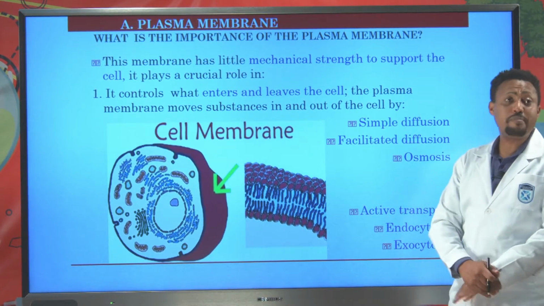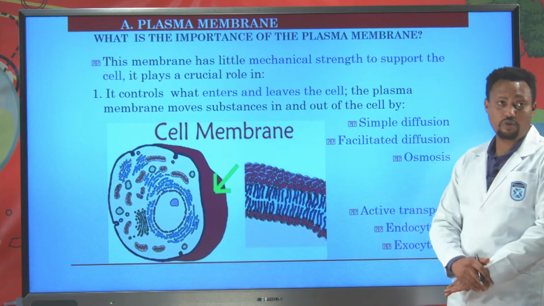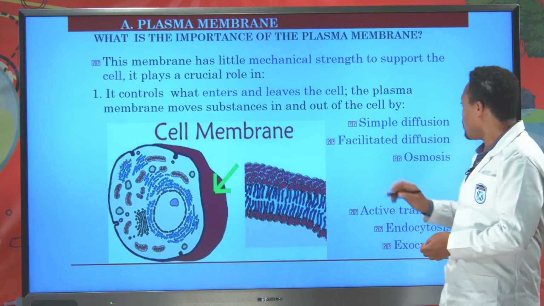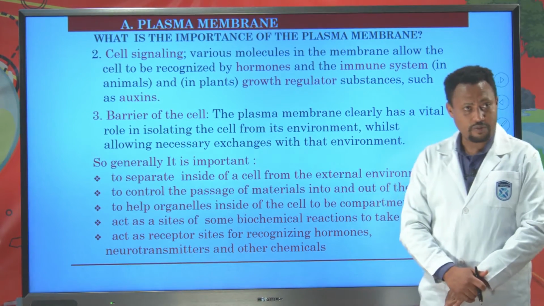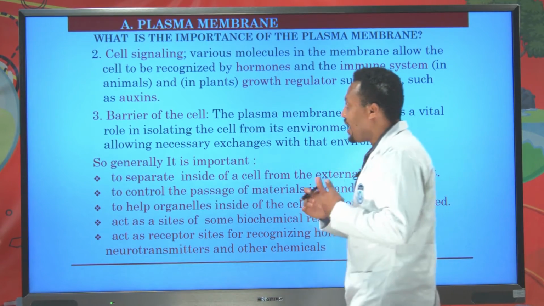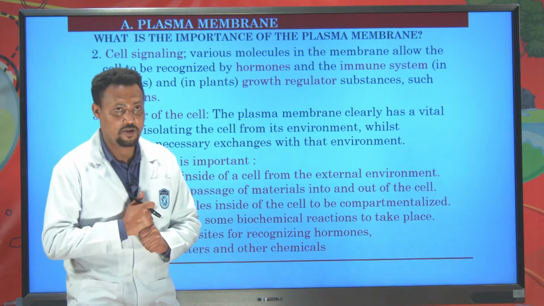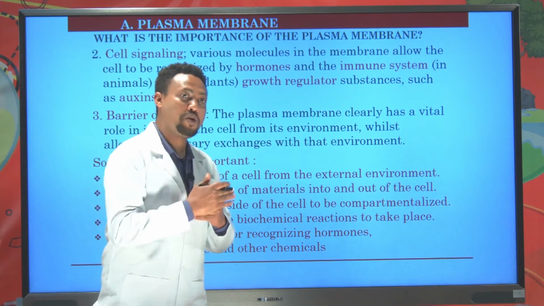The cell also can move materials by active transport like endocytosis, exocytosis, and some others. So those are the very important pointers that the cell membrane helps. In addition, the cell membrane is a very important part of the cell that helps us in cell signaling. All right? Cell signaling is a means by which cells communicate to one another.